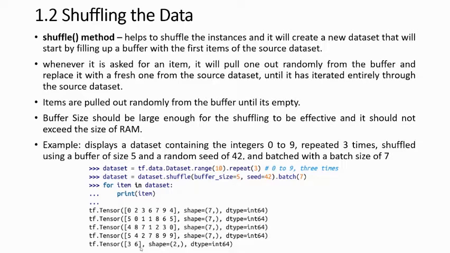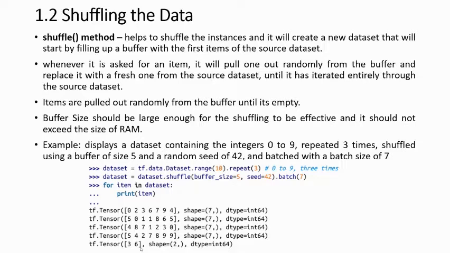So let's understand this splitting of the source data file into multiple files and reading them simultaneously in a random order, using interleaving of their records.